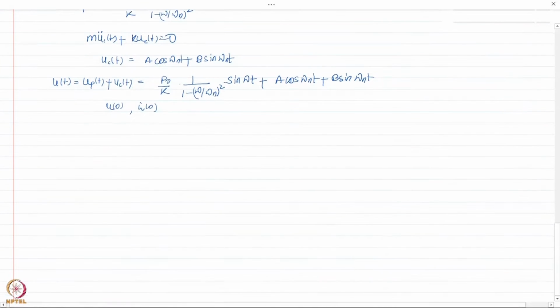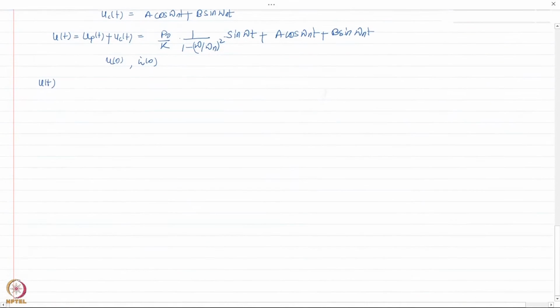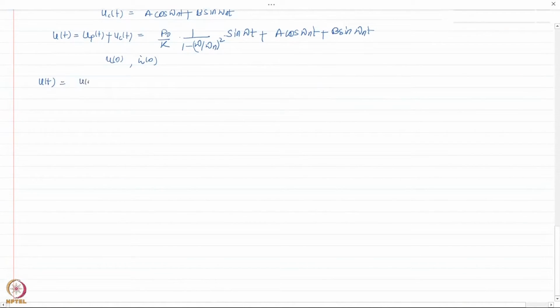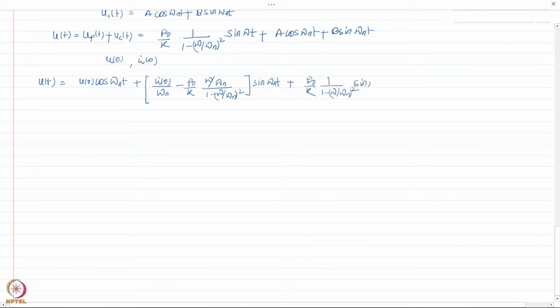If you do that, after substituting the conditions u equal to u of 0 and u dot of t equal to u dot of 0 at t equal to 0, you obtain the final solution as u of t equal to u of 0 cos omega n t plus u dot of 0 over omega n, sine omega n t, and then I have the particular solution, which is sine omega t.